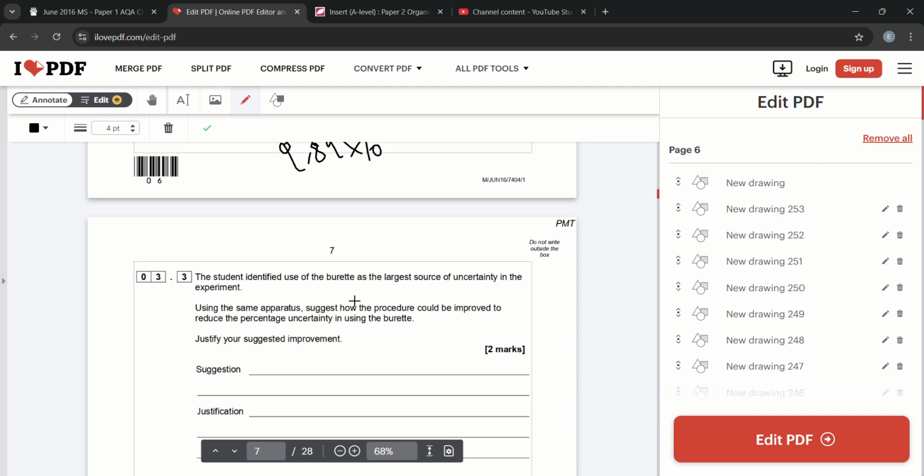3.3. The student identifies use of the burette as the largest source of uncertainty in the experiment. Using the same apparatus, suggest how the procedure could be improved to reduce the percentage uncertainty in using the burette.